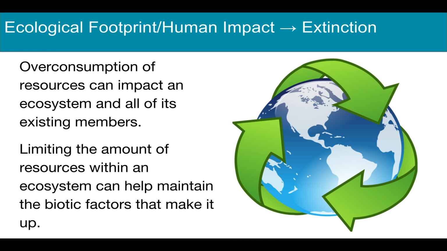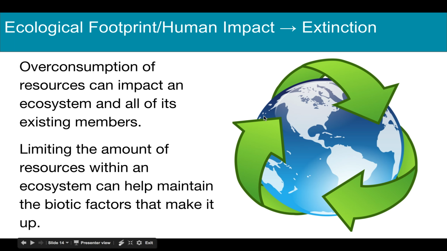So what happens is we as consumers, or organisms as consumers, we overconsume items in the grand scheme of things. Resources are depleted within specific areas, and that causes a whole world of chaos within an ecosystem, within the biome, and even the biosphere as a whole.